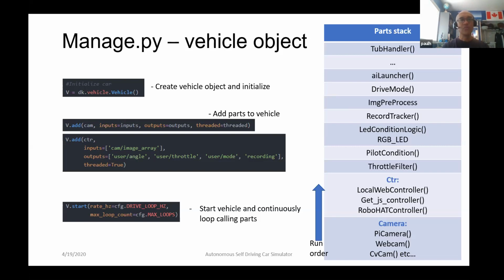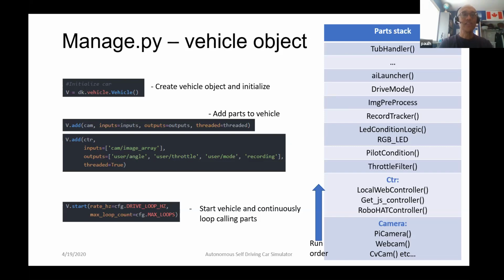The drive mode, I think, has to do with the user and the local angle or local pilot methods, and switching between those different ways of driving your car. And then the very last one that's added is the tub handler.